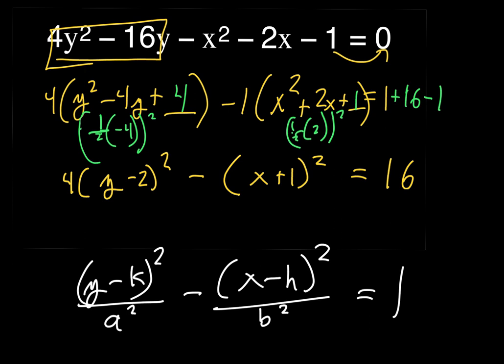So then I look at this equation and say, what do I need to do to get it to look like that? I need to divide by 16, because I need it to equal 1.